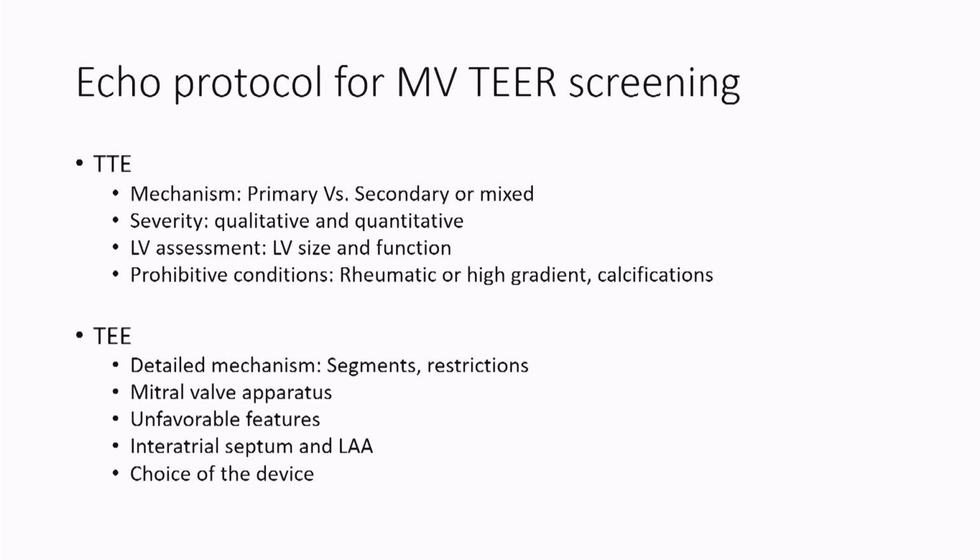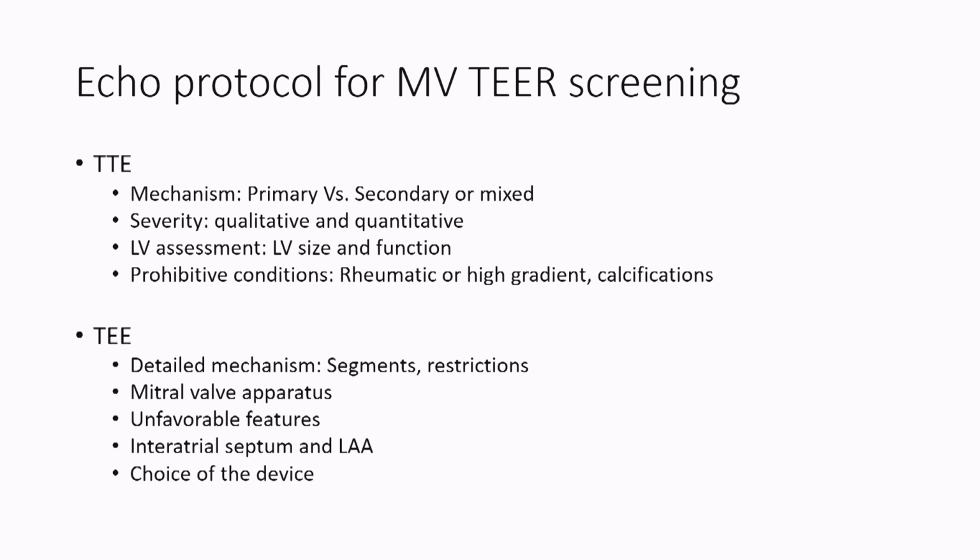The proposed protocol for screening these patients, for your selection for the procedure, includes both transthoracic echo and transesophageal echo. You have to assess the mechanism of the MR, the severity, the LV assessment, and look for any prohibitive conditions.